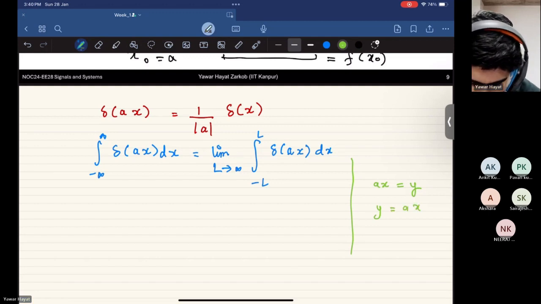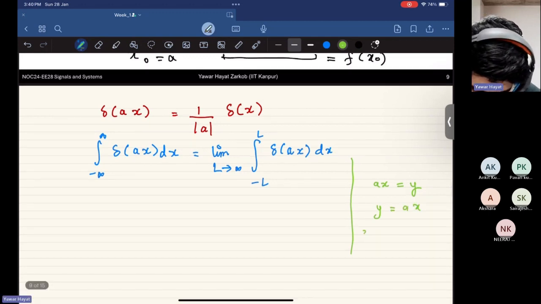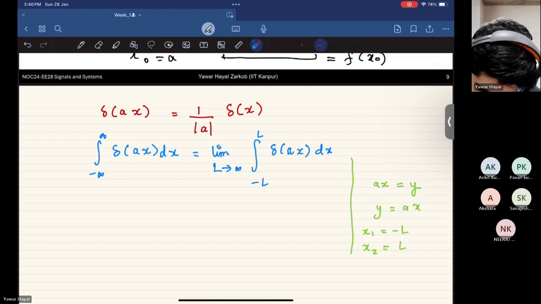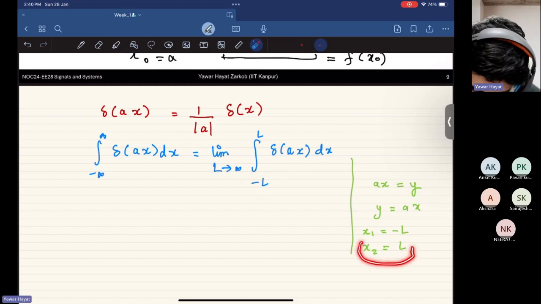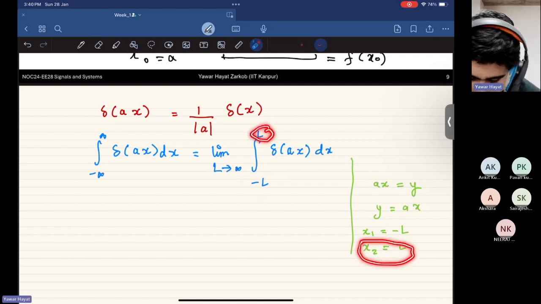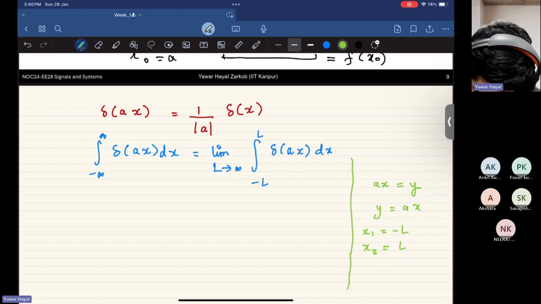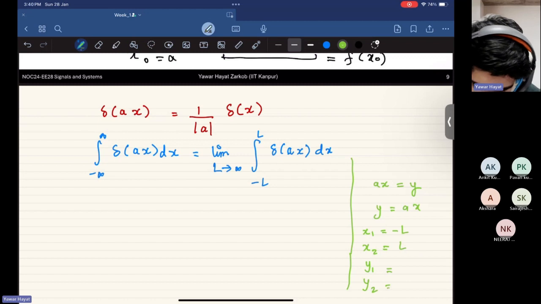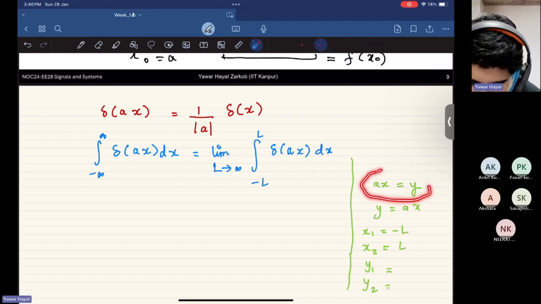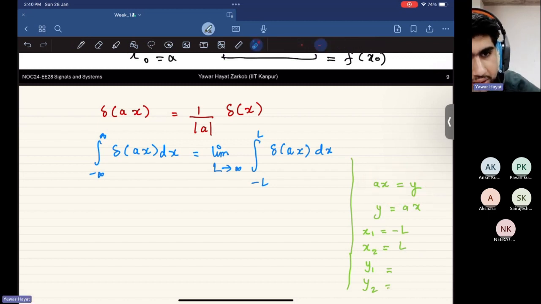Our x1 was minus L and x2 was L. Now I need y1 and y2, since I'm using this substitution.